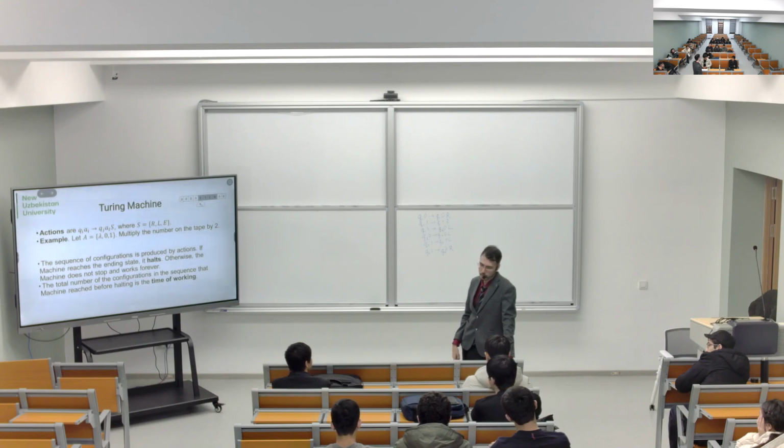How do we multiply A by B? So the numbers are written in binary form. How do we multiply two binary numbers? So the easiest way is to write a program that adds one number to another.